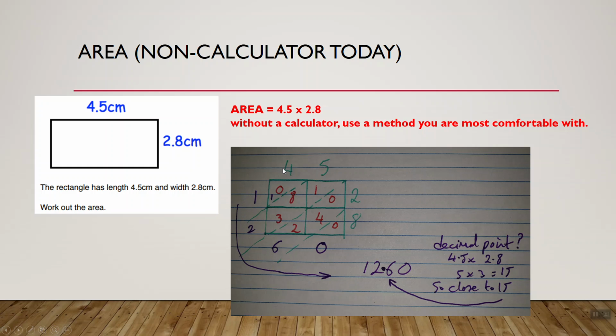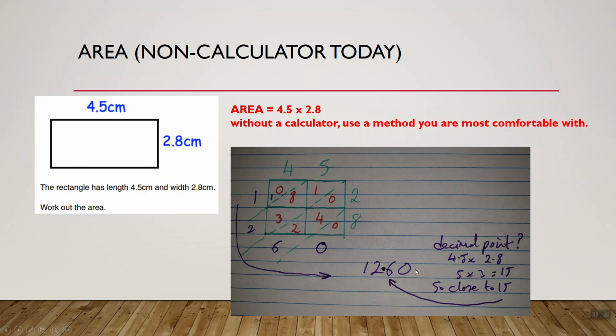Because we aren't multiplying 45 by 28, but 4.5 by 2.8, we need to put a decimal point in the right place. The easiest way to do that is to estimate what you would get if you were multiplying 5 by 3, because 4.5 would round to 5, and 2.8 would round to 3. 5 3s are 15, so the decimal point has to go in a place where this number is close to 15.